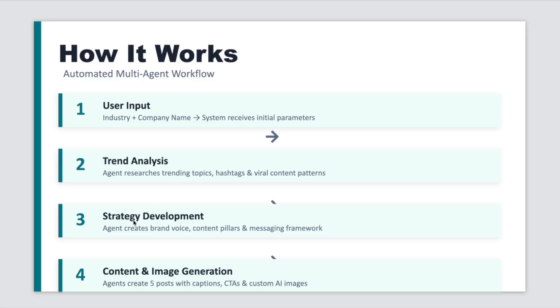It will tell the next agent, the content creator, what kind of data we are looking for and how to generate it: the specific posts, 5 posts as we just saw, how to create them, what the strategy is, and the format of the data.